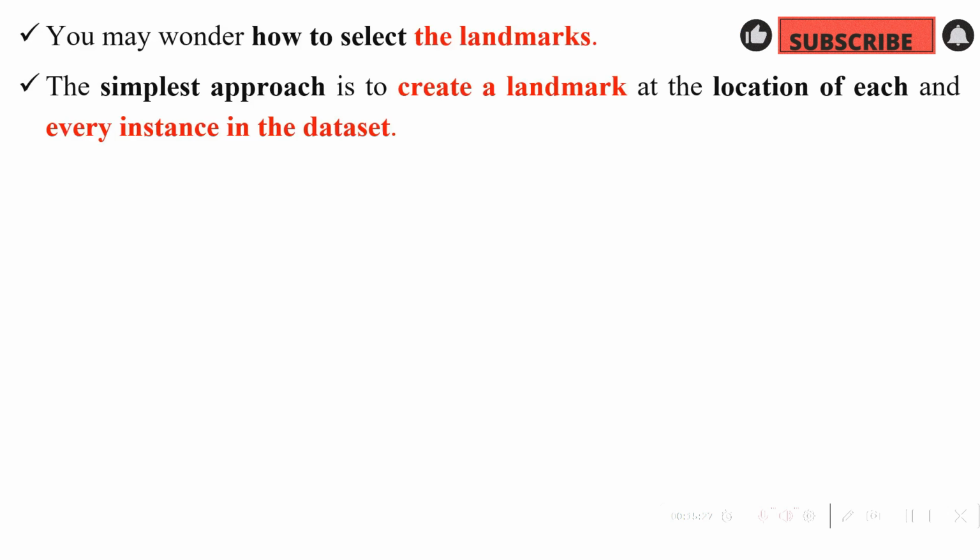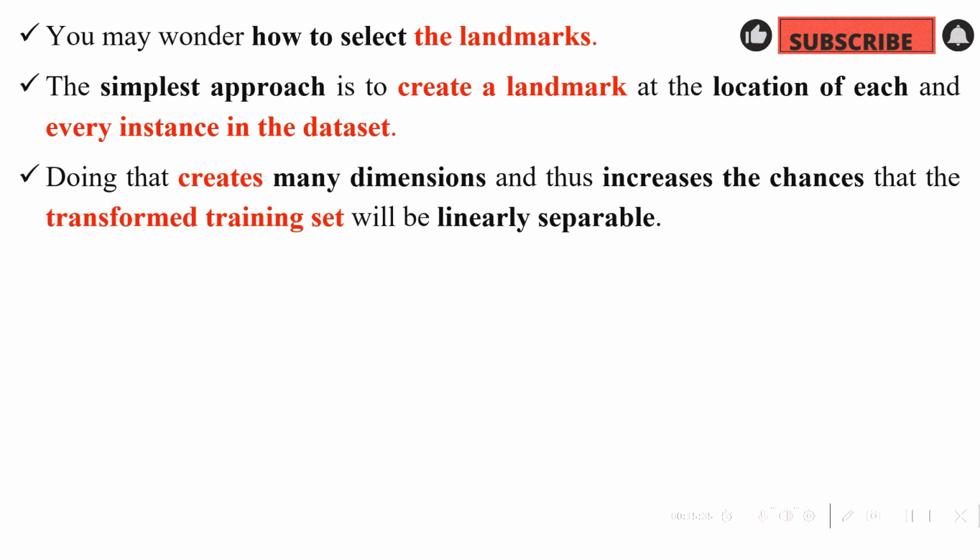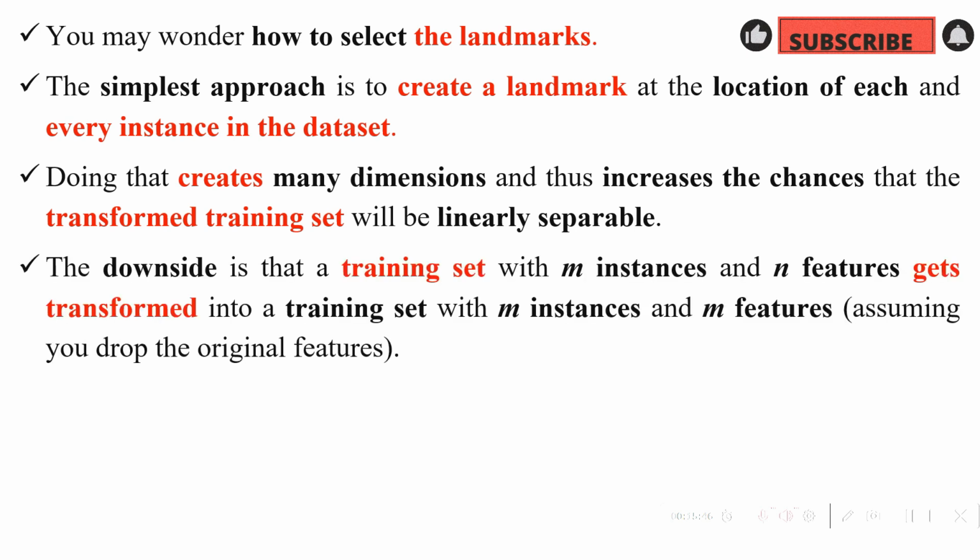Now you may wonder how to set the landmarks. The simple approach is to create a landmark at the location of each and every instance in the data set. Doing that creates many dimensions and thus increases the chances that the transformed training set will be linearly separable. The downside is that a training set with m instances and n features gets transformed into a training set with m instances and m features.